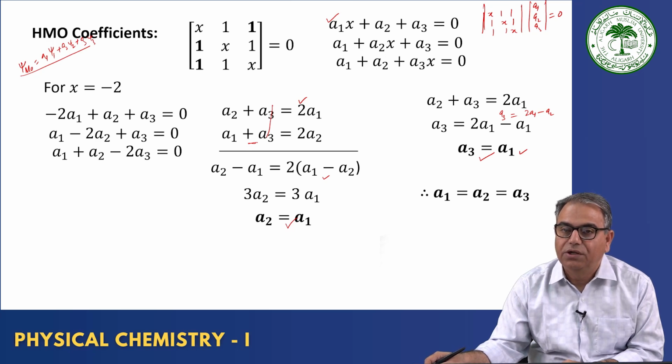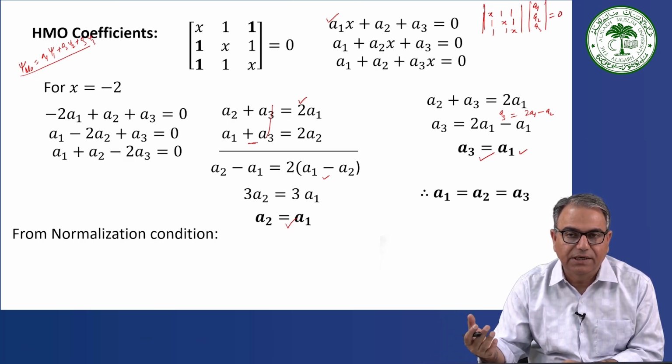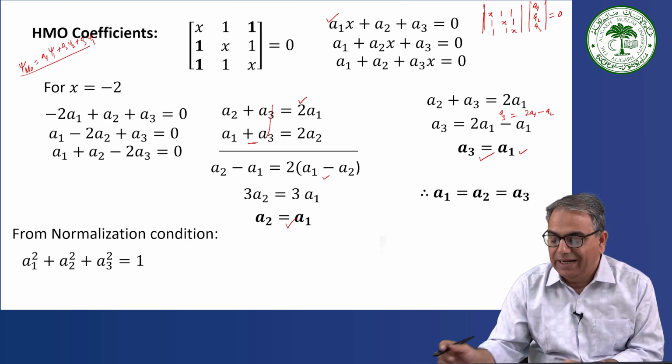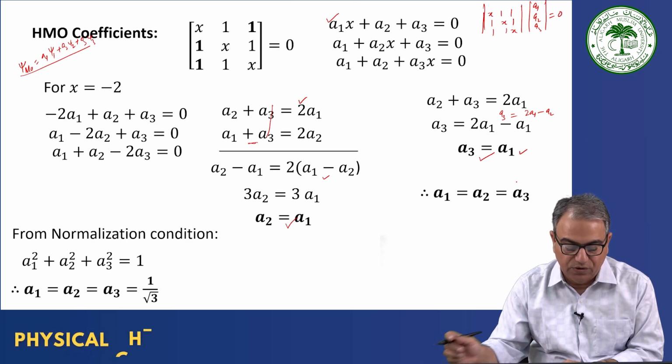If it is so, then we go for normalization condition. And from normalization condition, what do you get? This we did in the Rayleigh system, this we did in the Thelenic system. So from the normalization condition, we will get a1 square plus a2 square plus a3 square is equal to 1. And all these are equal, so the value of a1, a2 and a3 is equal to 1 over root 3.